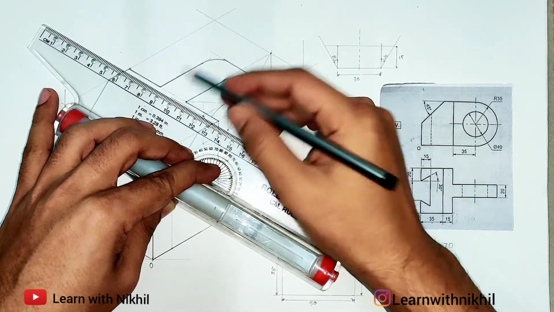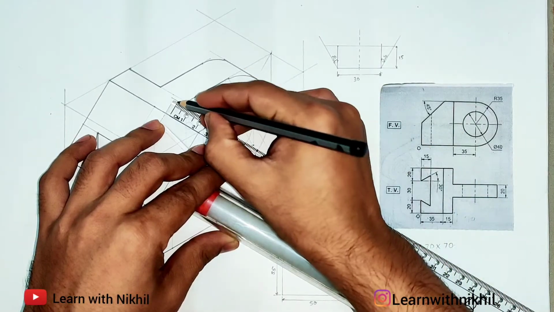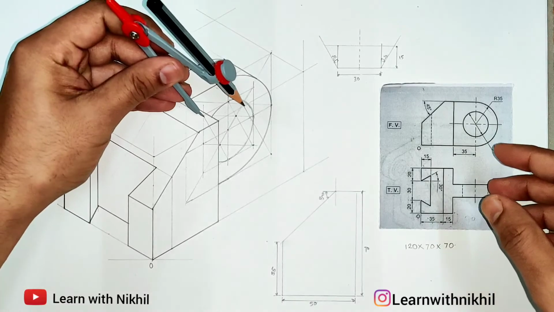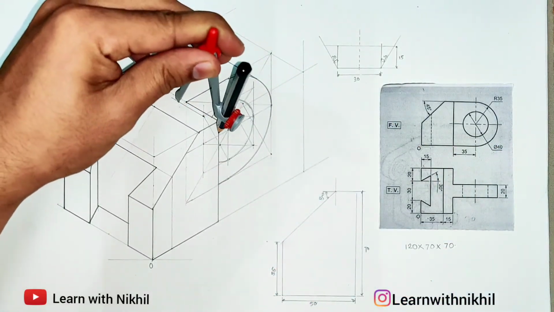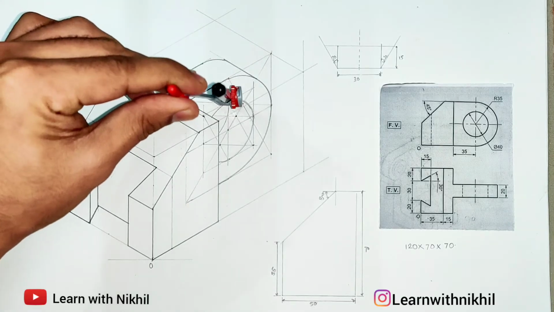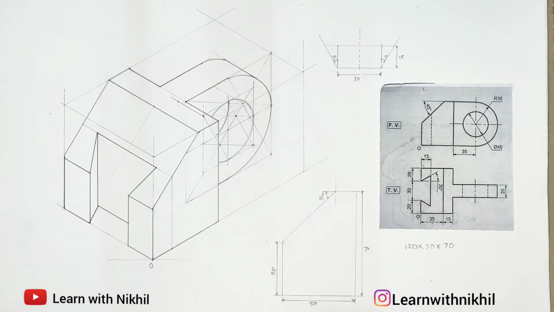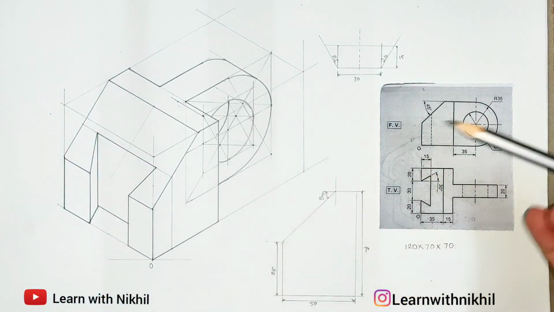I'm just projecting it behind at a thickness of 20 millimeter. I'm marking the point. Now from this point we have drawn this curve, so I'm just projecting it backward and drawing this inner curve. So this is the inner cut, so it will be visible. So this is how we have drawn the entire sum, and we are totally done with it.